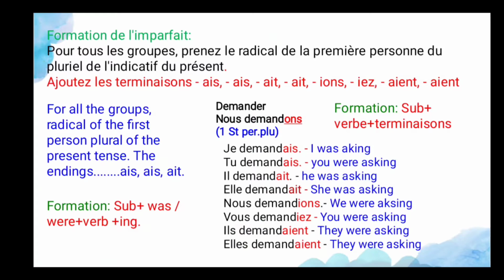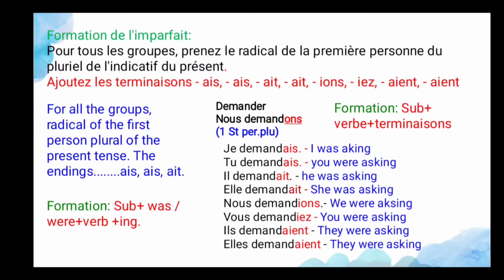For all these groups, you have to take the first person plural conjugated in present tense, that is nous, and you have to add the endings. What are the endings for the imperfect? ais, ais, ait, ions, iez, aient. These are the endings for the imperfect.